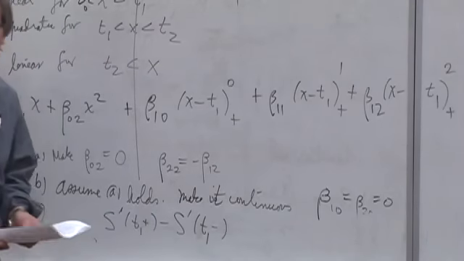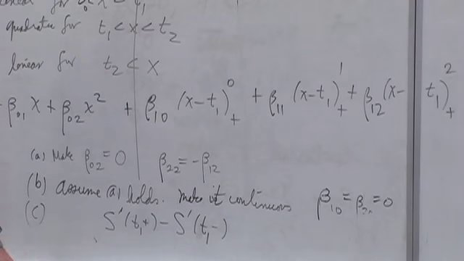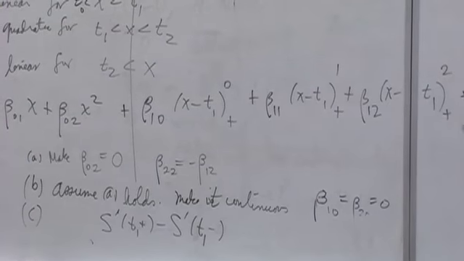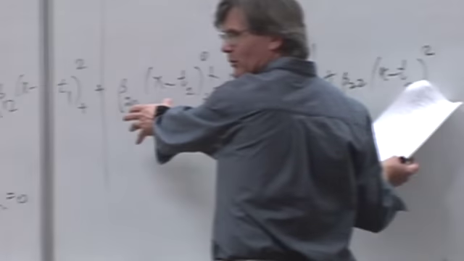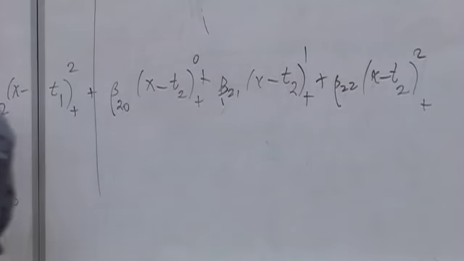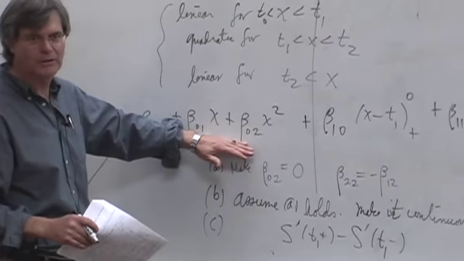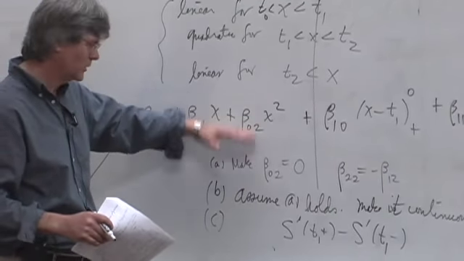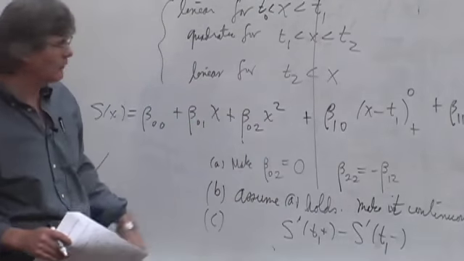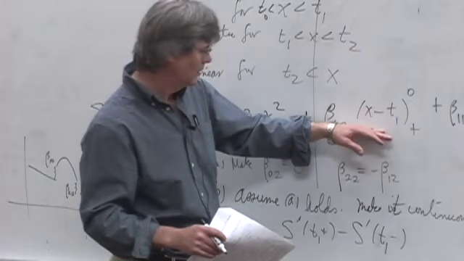This is the way to organize the argument. There's nothing going on here because this function hasn't even come in yet when we're at x equals T1. And since the derivatives are being differenced, the derivative of this function is continuous at x equals T1. So those are differenced off, so I'm only getting this term.